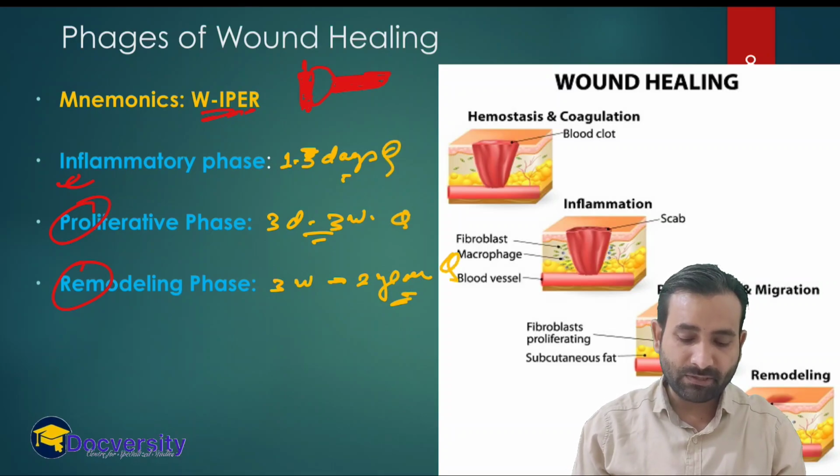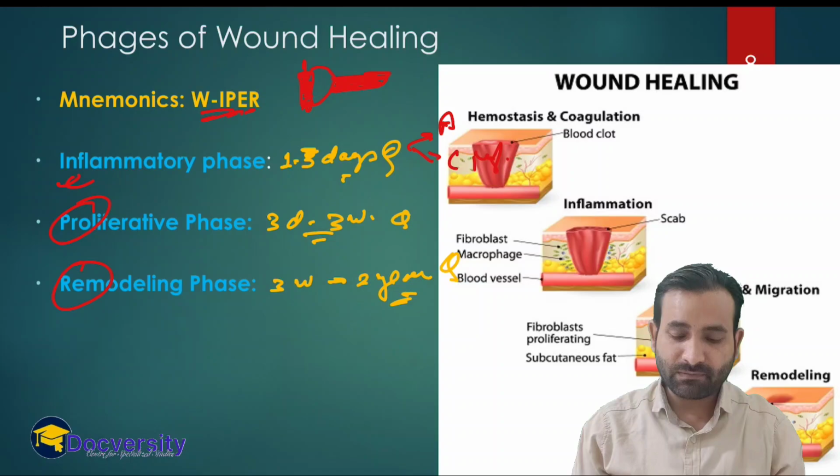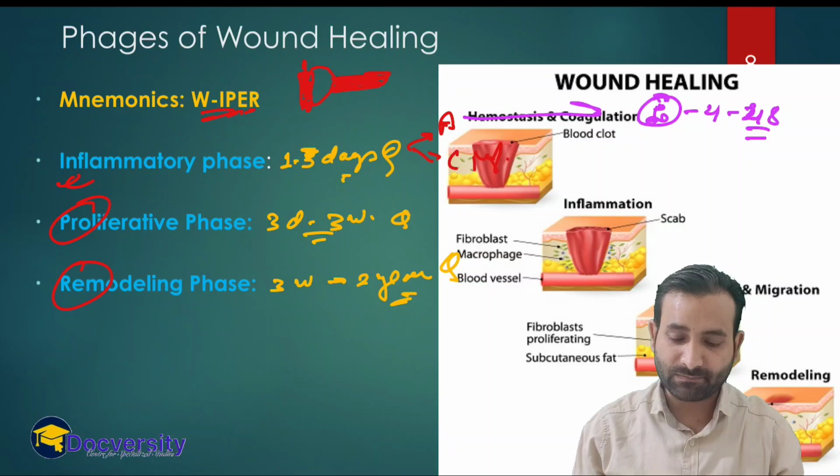In the inflammatory phase, you will have the acute inflammatory phase and then the chronic inflammatory phase, right? In the acute inflammatory phase, the neutrophils are predominant. This is a question in the exam. Neutrophils begin to be recruited from 4 hours and become maximum at 48 hours. In the chronic inflammatory phase, the macrophages are the predominant cells.